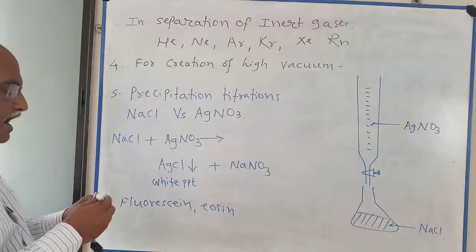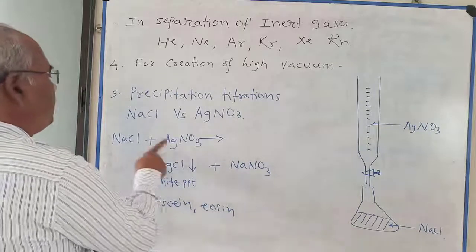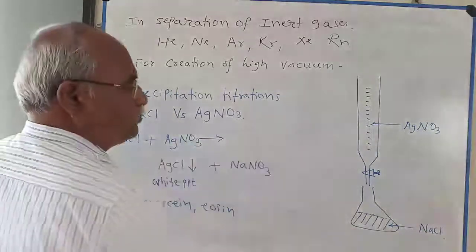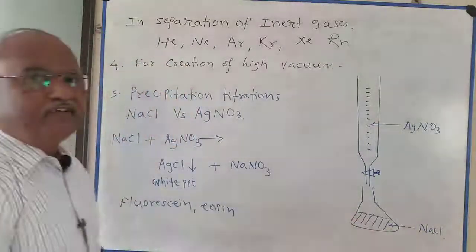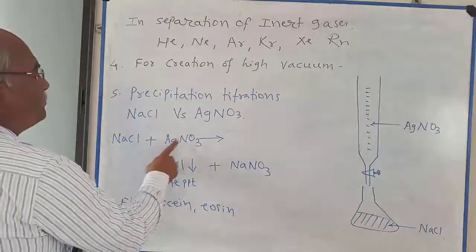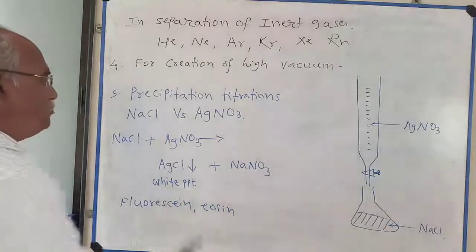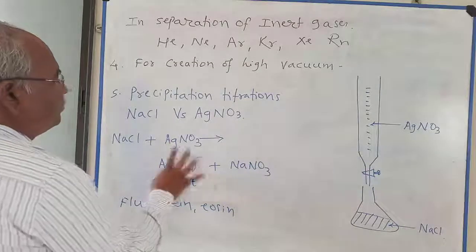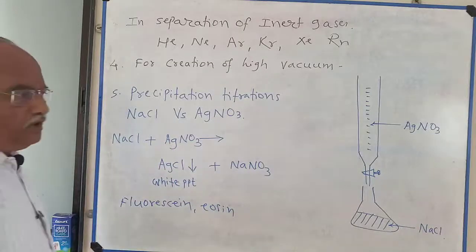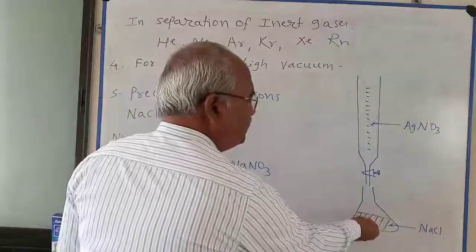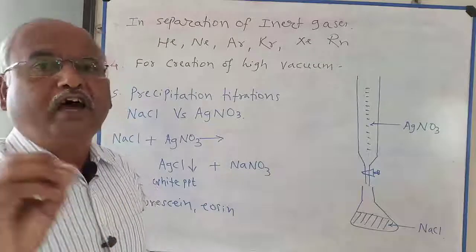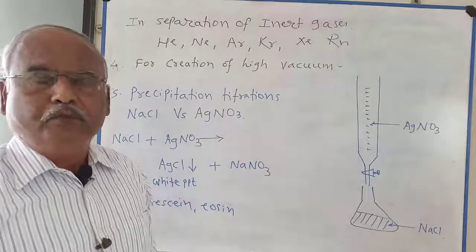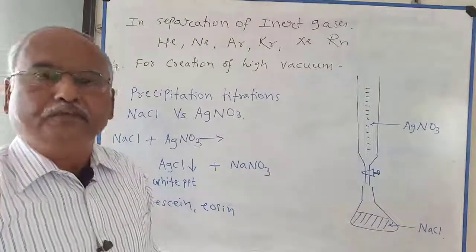When we add 1 drop of silver nitrate from burette, NaCl present in the flask reacts with silver nitrate and forms silver chloride precipitate. Here fluorescein indicator is also added before starting the titration.